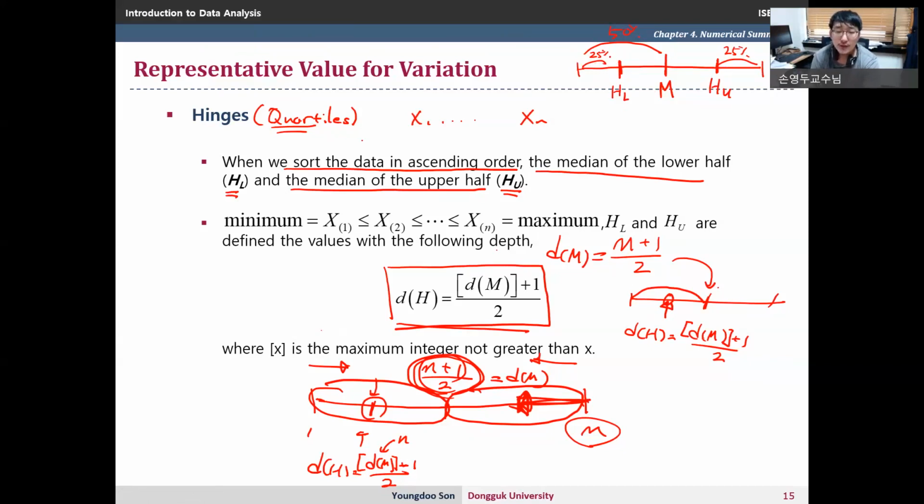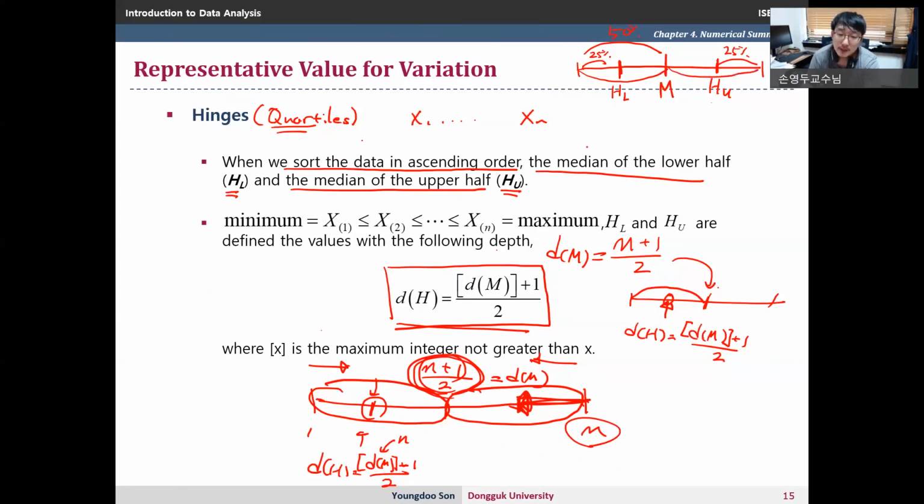And the way to find the hinge is using the depth of hinges. The depth of hinges can be defined like this. Because the hinges are the medians of the halves of the data. For example, the lower hinge is the median of the lower half of data, and the upper hinge is the median of the upper half of the data.